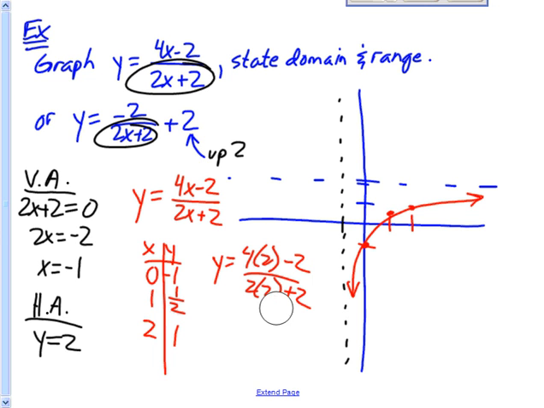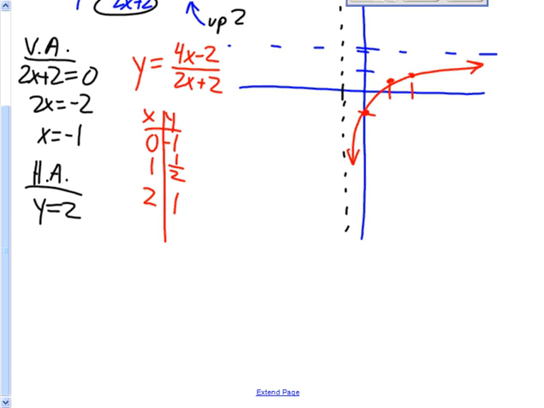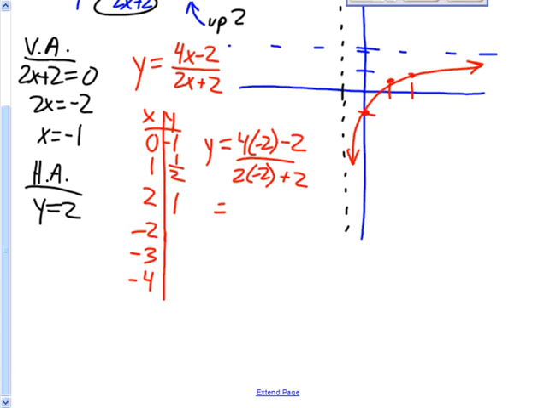Okay. Now we pick some points that are to the left of our vertical asymptote. Again, our vertical asymptote is at negative 1, so let's pick some to the left. So negative 2, negative 3, negative 4, enough until you feel good about things. So 4 times negative 2 minus 2 over 2 times negative 2 plus 2. So we got negative 8 on the top minus 2, negative 10. On the bottom we got negative 4 plus 2, negative 2.